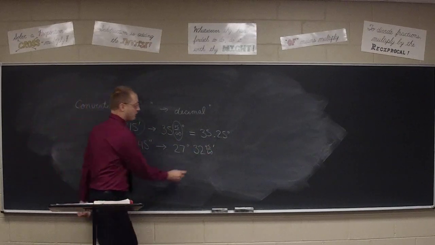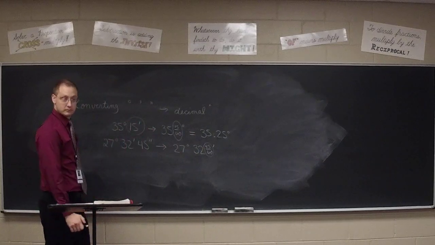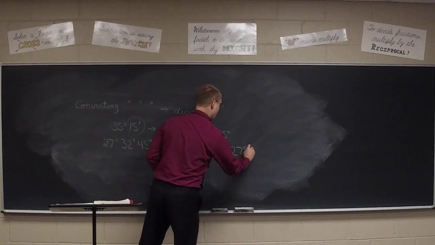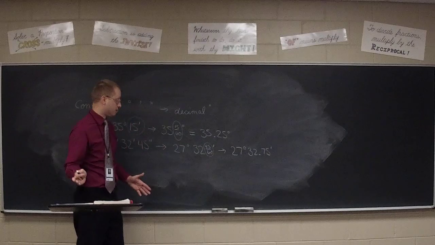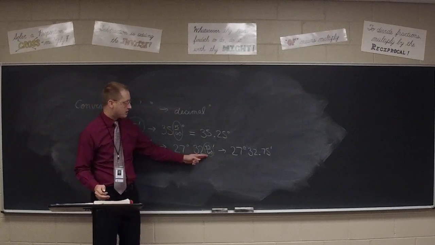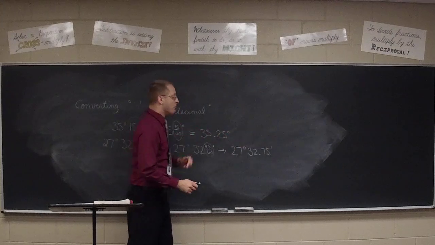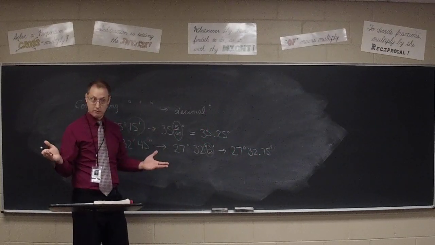Now, let's make the 45/60ths a decimal. 0.75. So now we've got 27 degrees, 32.75 minutes. We've taken the 45/60ths minutes and made it 0.75 minutes. But realize every minute is what fraction of a degree? A 60th.